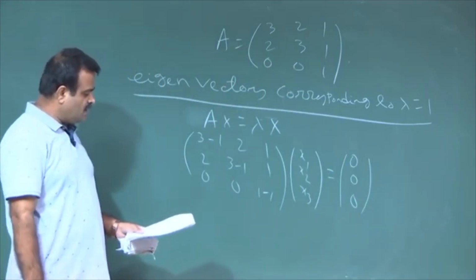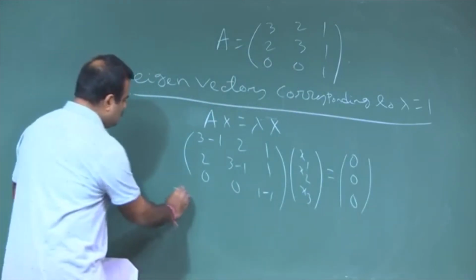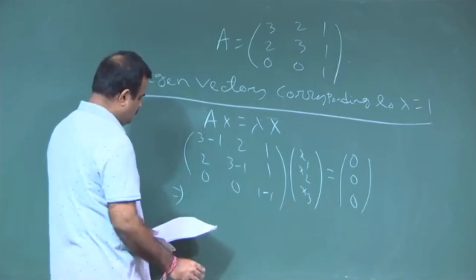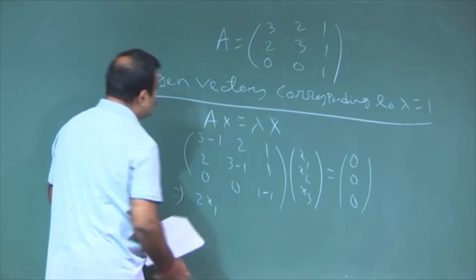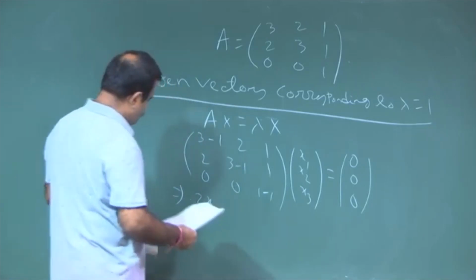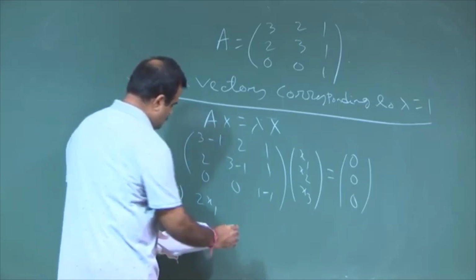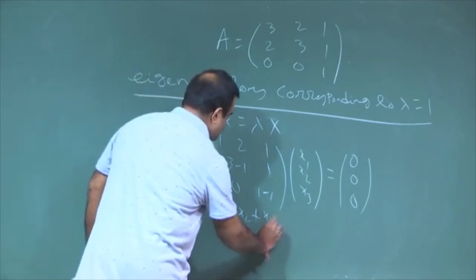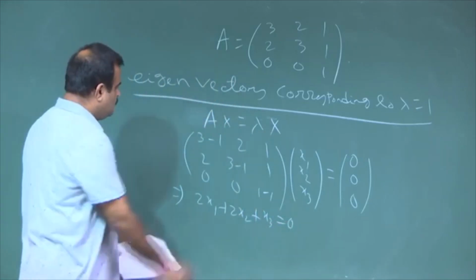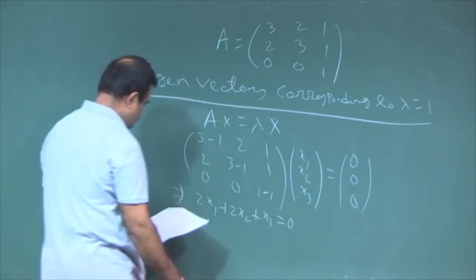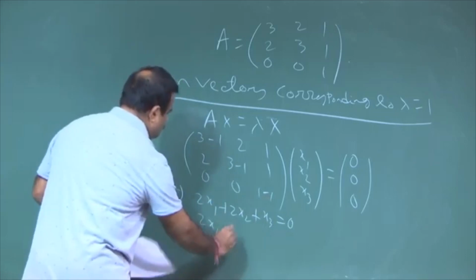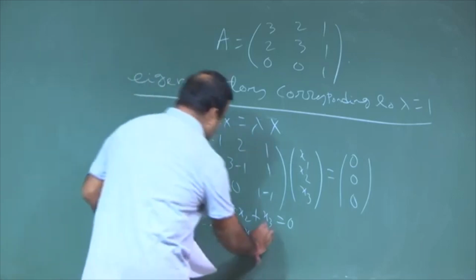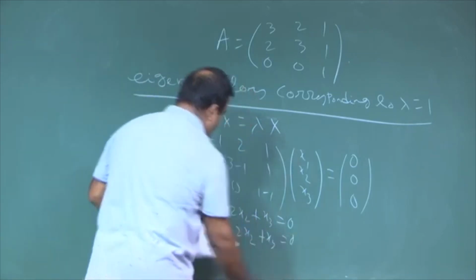Now, if we solve this, we get 2 x 1 plus 2 x 2 plus x 3 equal to 0, and then we have only two equations, because the last row is becoming 0. The first two equations are the same, redundant.